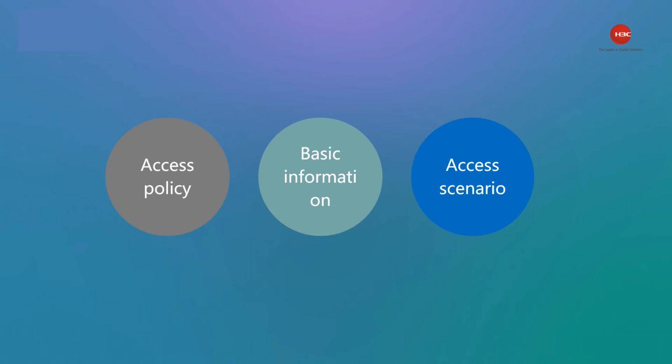In the access scenario, the access scenario can match the user's access mode according to the person, location, equipment, time, and other conditions. At the same time, the corresponding access group and the security group are associated. Let's take a look at the detailed configuration steps.